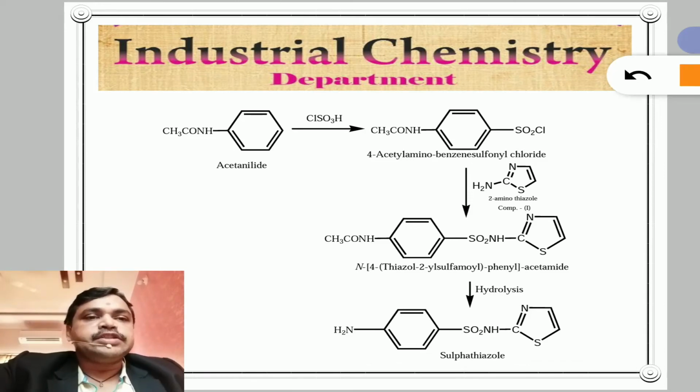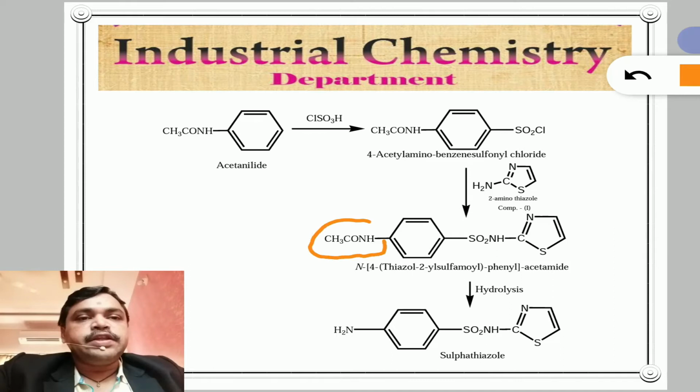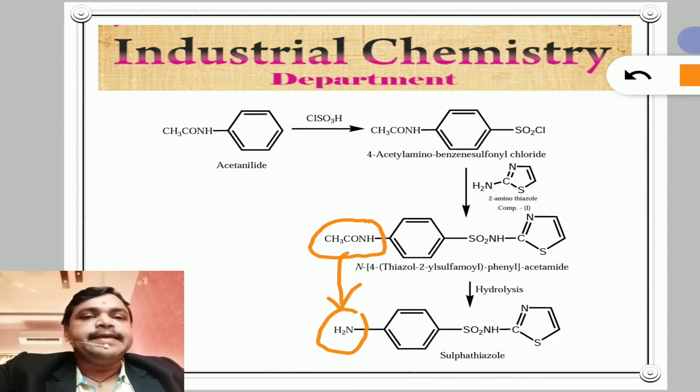In this reaction, when hydrolysis occurs, the acetyl group CH3CONH is converted into NH2. Here acetic acid is removed and it is converted into NH2. So hydrolysis of N4-thiazol-2-yl sulfonyl phenyl acetamide gives sulfathiazole.